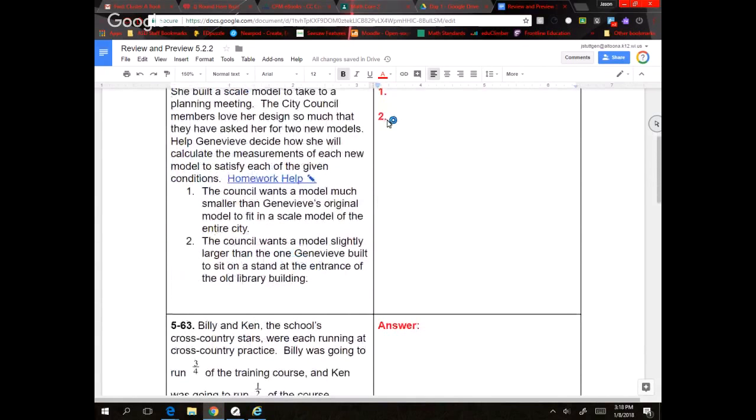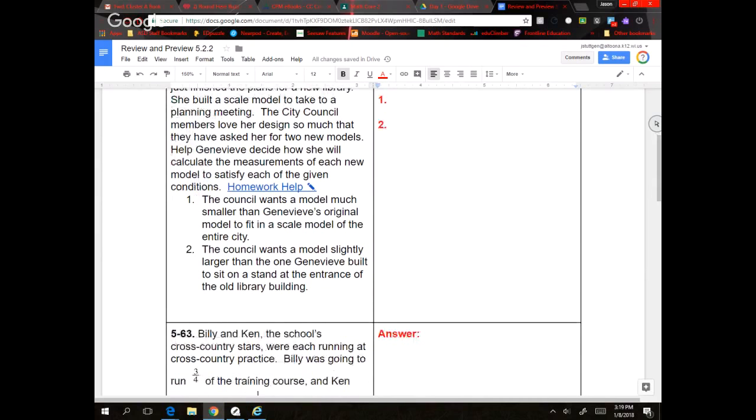Second question, really actually quite simple. A lot of words. Here's basically what it's asking you. Okay, this girl is making a model for the city council to look at, to approve, to see if they want to do it. So the first question says the council wants a model much smaller than what she originally made. So what is something you can multiply that first model by to get something smaller?